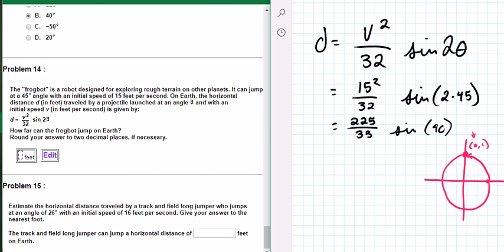And if you remember, cosine is my x value, and the sine would be my y value for these quadrantal angles. So the sine of 90 is 1. Alright, since the sine of 90 is 1, this equals 225 over 32. And that is it. That is exact.